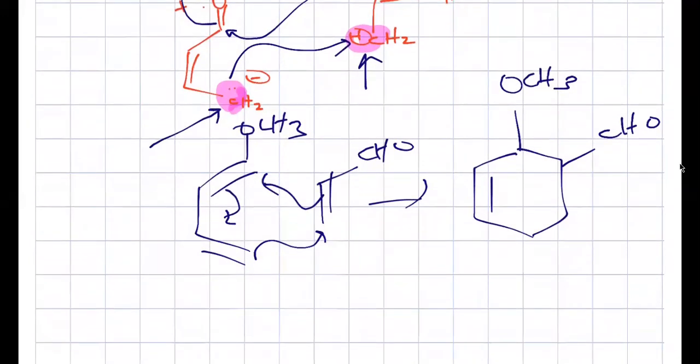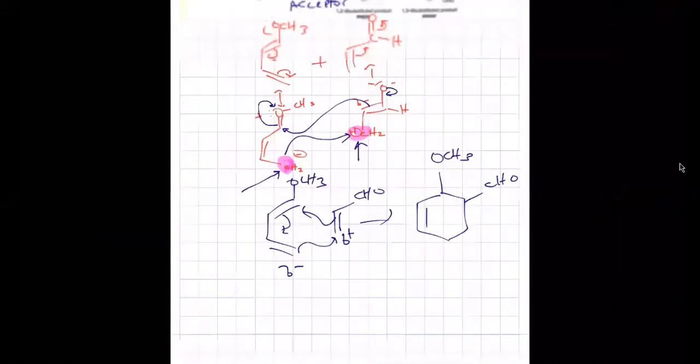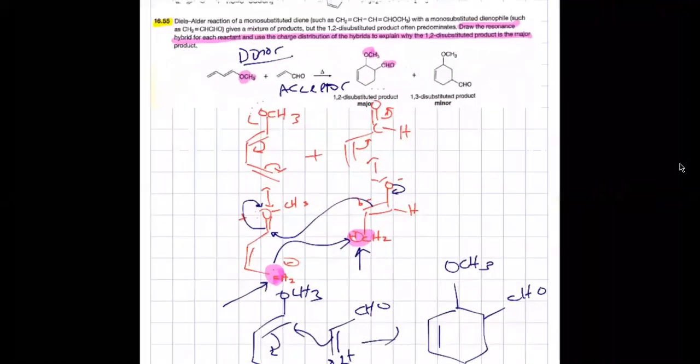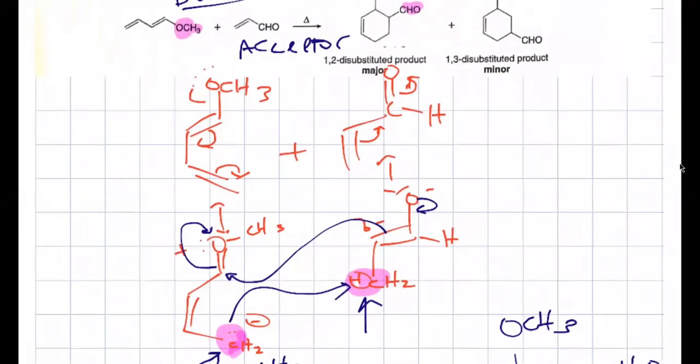So that means this carbon is partially negative and this carbon is partially positive. And we know that based on the resonance. All right. Tough problem, but not too bad.